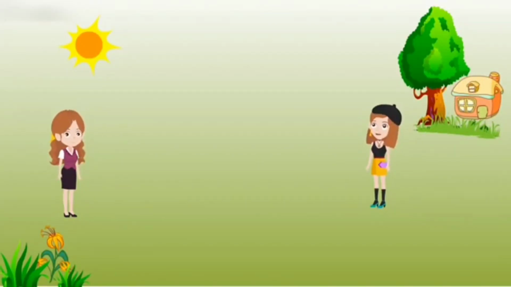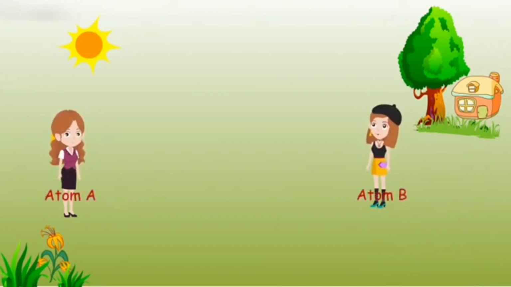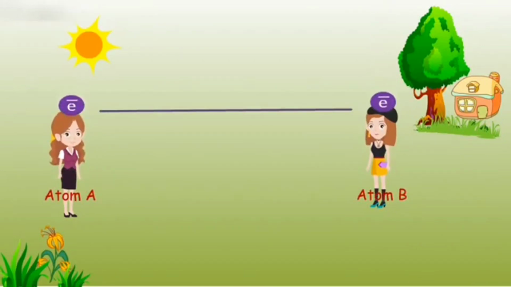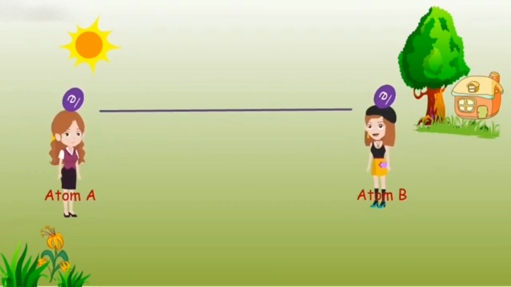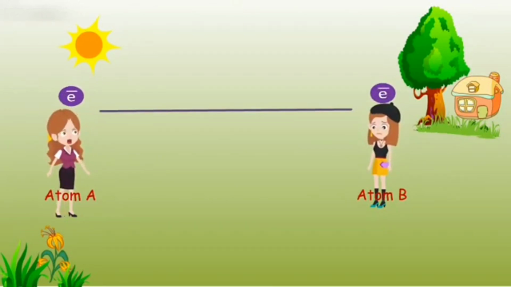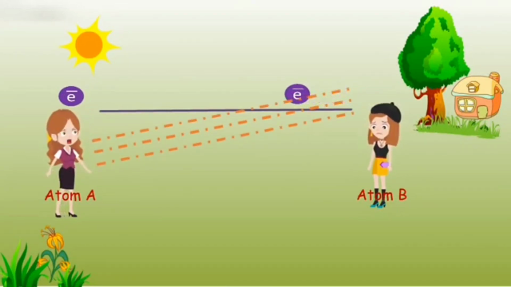So the one without a cap is atom A and the one with a cap is atom B. Atom A is going to gain an electron from atom B. Here atoms A and B may be a metal or a non-metal, or the bonding may be between two non-metals.